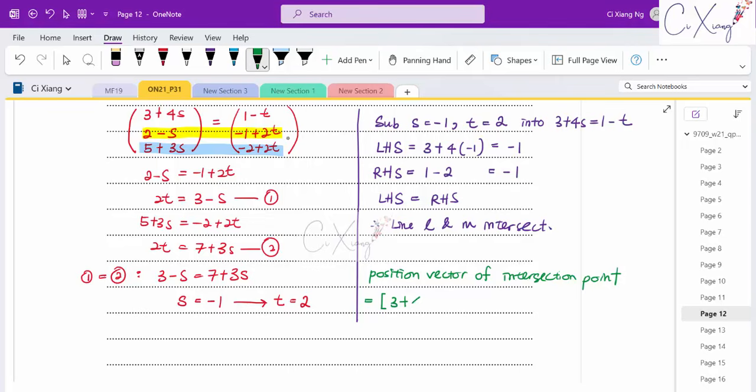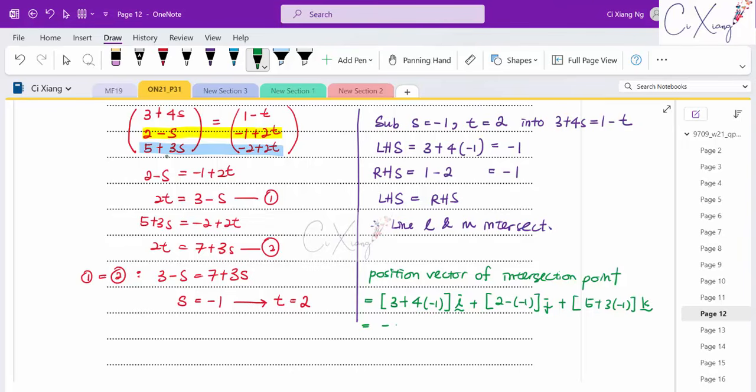So 3 plus 4s, s is -1, and this is the component i. Then plus j will be 2 minus s, where I have 2 minus -1, then j, and after that, for the component z, it will be 5 plus 3s. So 5 plus 3 times -1, and this is the component k.